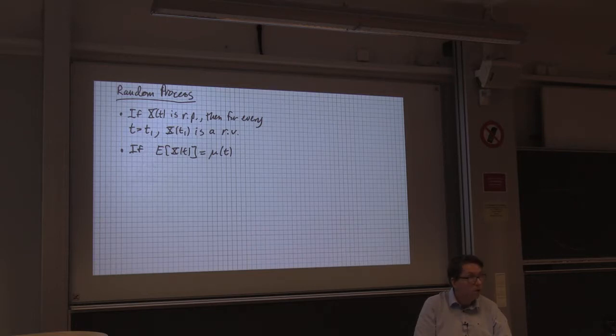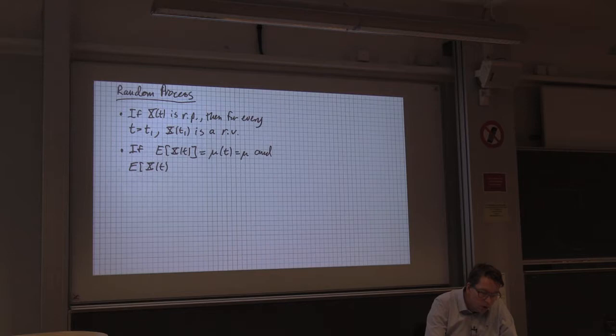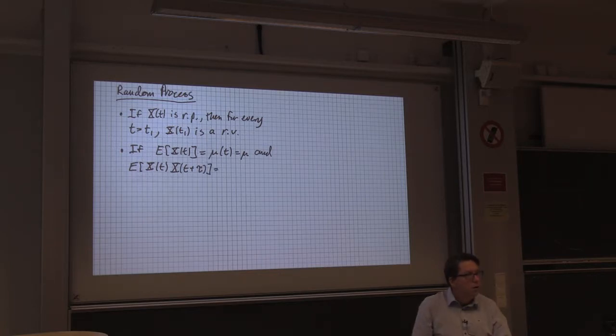But suppose this is equal to mu, a constant, and the expected value of X of t multiplied with X of t plus some number tau is typically a function of t and t plus tau, the two time instances.